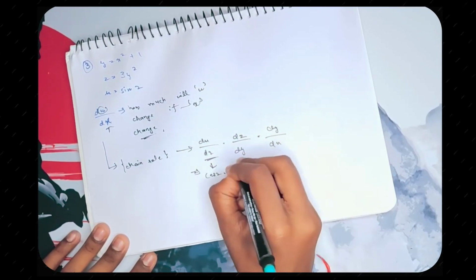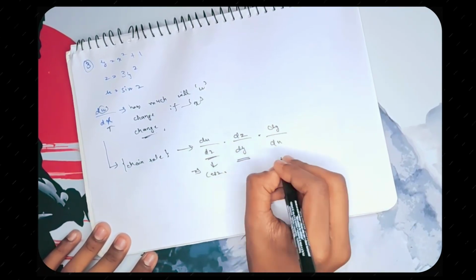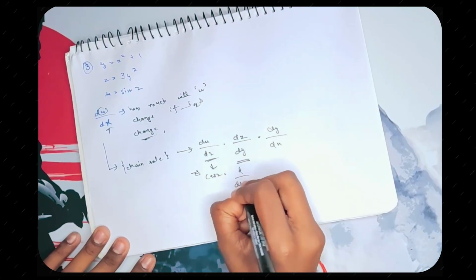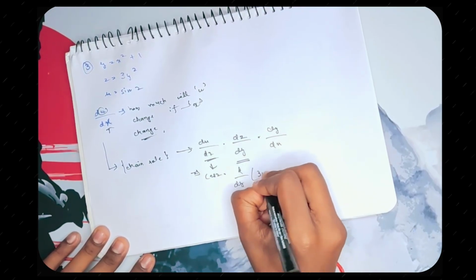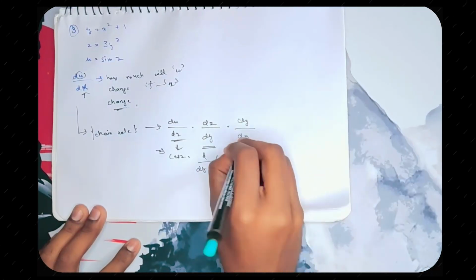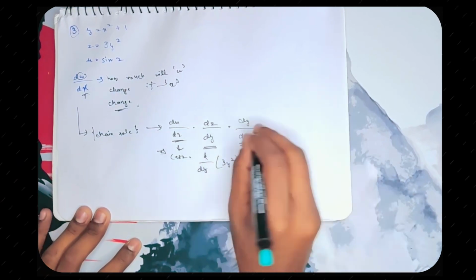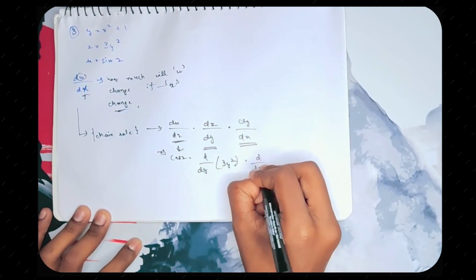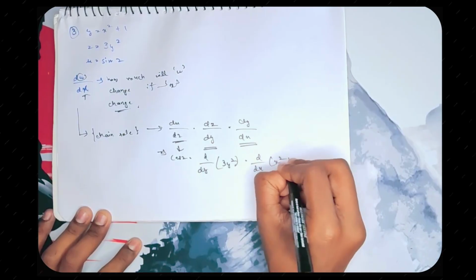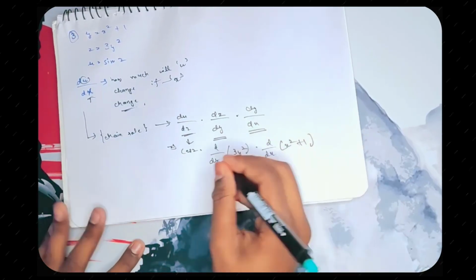So this is this. Now dz by dy will be nothing but, let me write it again, 3y square, and dy by dx will be nothing but dy by dx of x square plus 1, right?